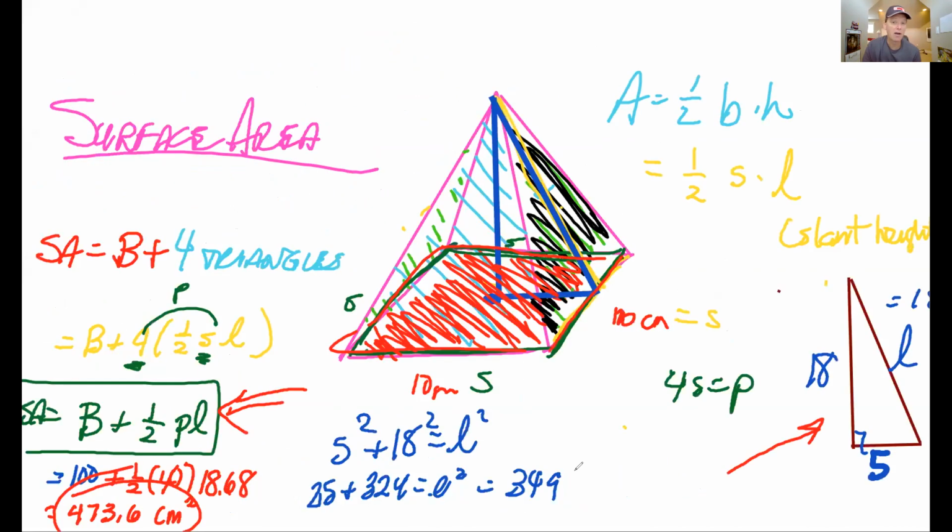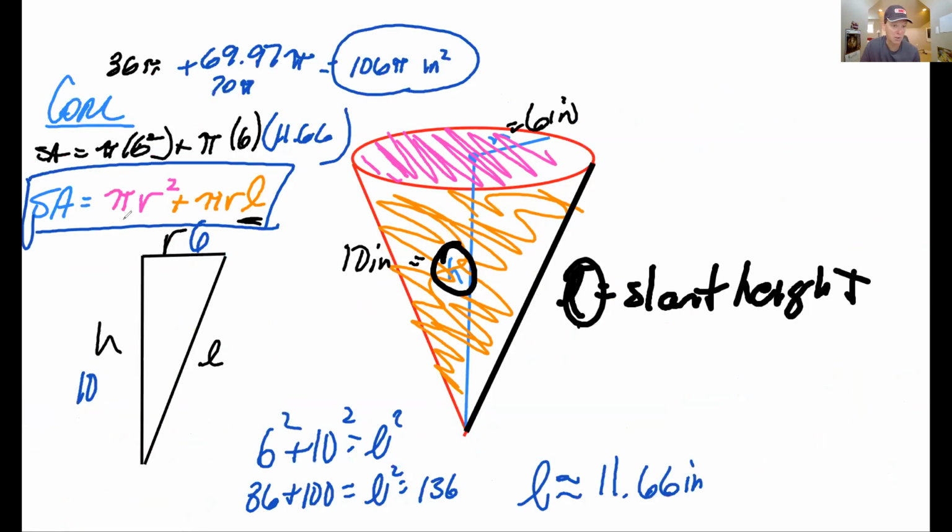The surface area of a pyramid is this one in the lower left-hand corner here, base plus 1/2 perimeter times slant height. Then the last one is pi r squared, which again is the area of the circle that acts as the base or the top, plus pi r L. So that's a lot. And again, the surface area stuff's not in your book, but you get it from me.